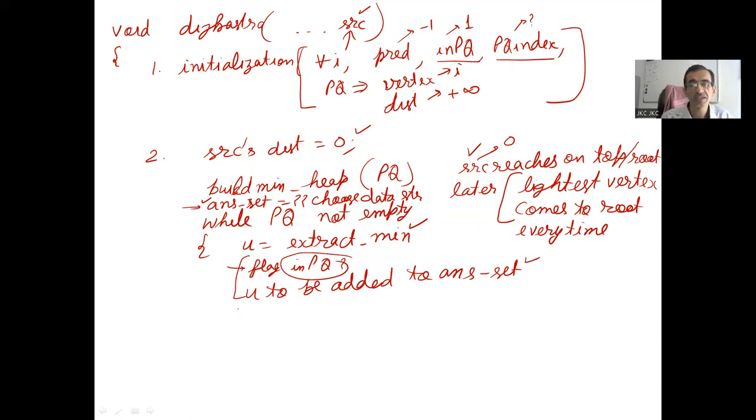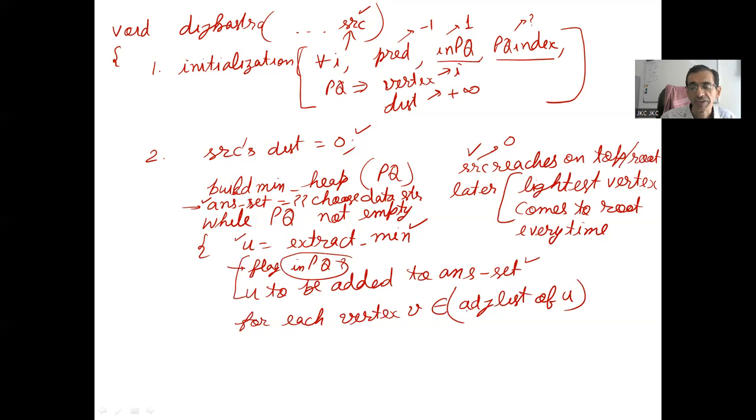But what is more important now, based on U, effectively, you have to consider the corresponding outgoing edges of U. So I have to effectively consider for each vertex V, which is belonging to adjacency list of U. Now, if it is adjacency list based, temp not equal to null, etc., you will use. If it is adjacency matrix based, the corresponding row you will traverse and find out.